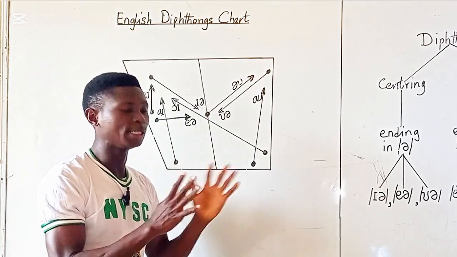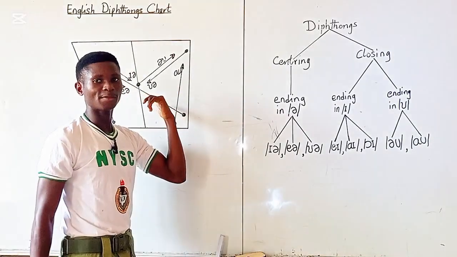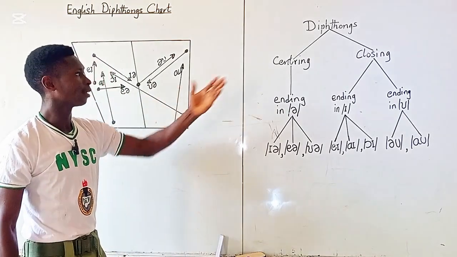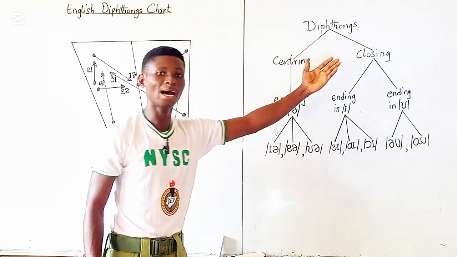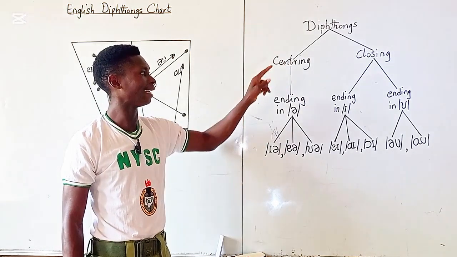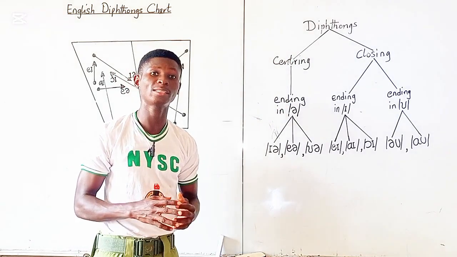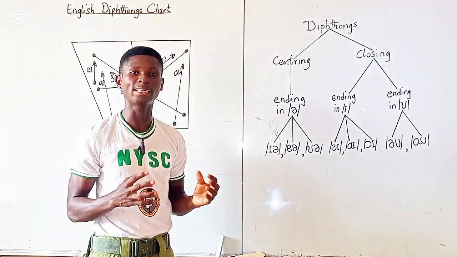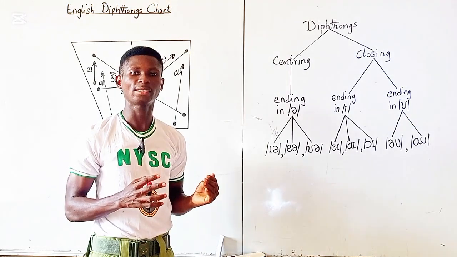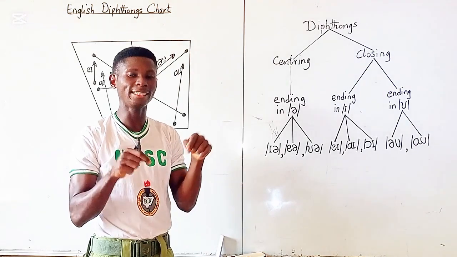Now let's look at the main classification of diphthongs in English language. Just as I explained using the chart, the diphthongs of English language are divided into two, the centering diphthongs and the closing diphthongs. The centering diphthongs are those in which the tongue makes movements from a certain position to the center.